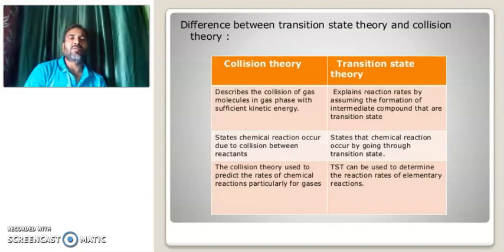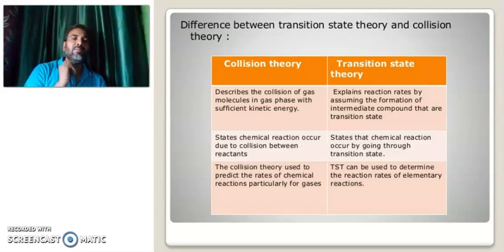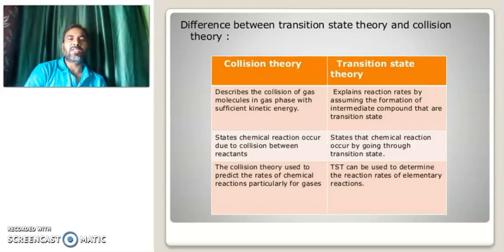So, the difference between collision theory and transition state theory. You can see collision theory describes the collision of gas molecules in the gas phase with sufficient kinetic energy, and transition state theory explains reaction rate by assuming the formation of an intermediate compound, that is the transition state.